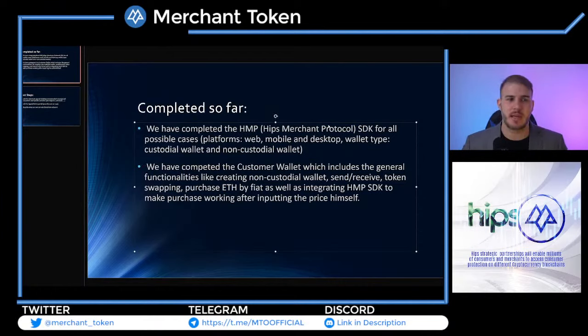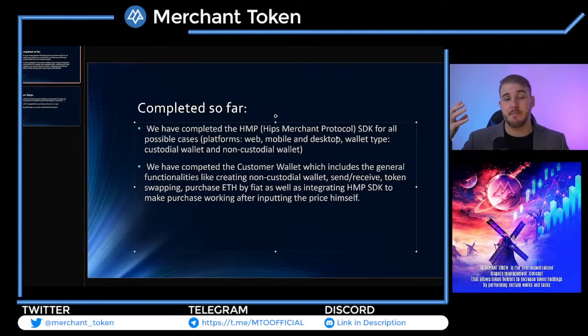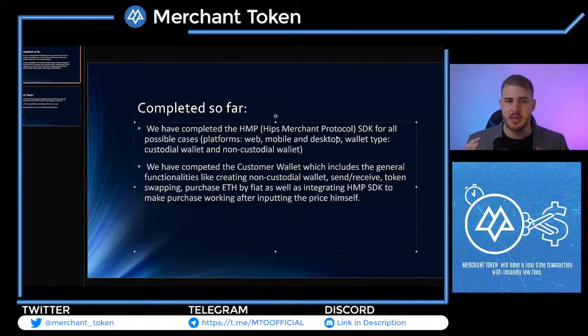That's what the HIPS merchant protocol is, and it's the connection between the wallet and the merchant. It comes between the customer and the merchant and makes the whole consumer protection in the blockchain possible. That has been completed.